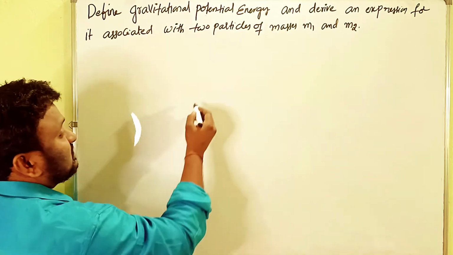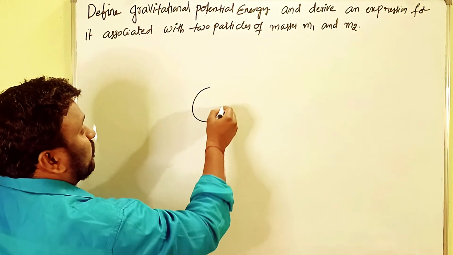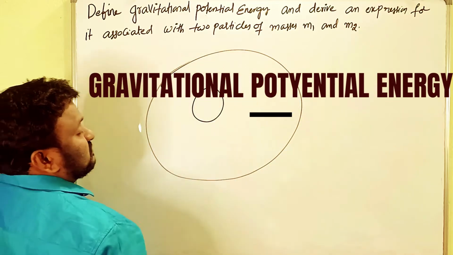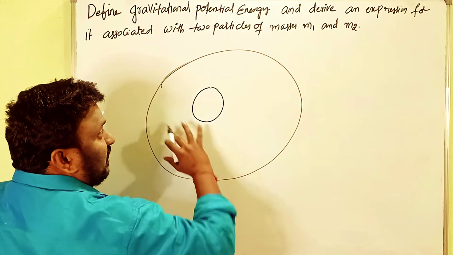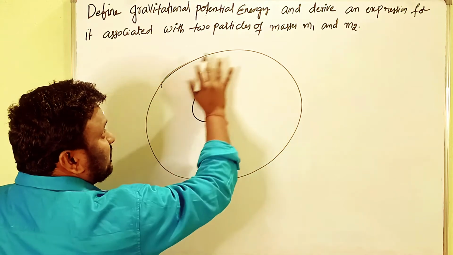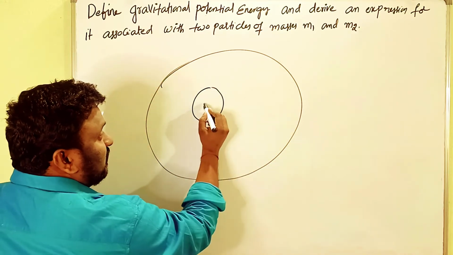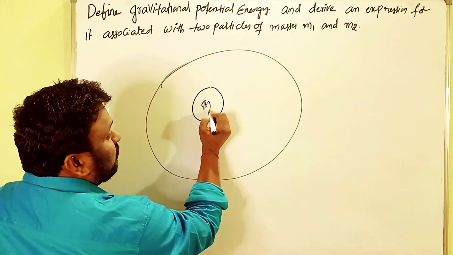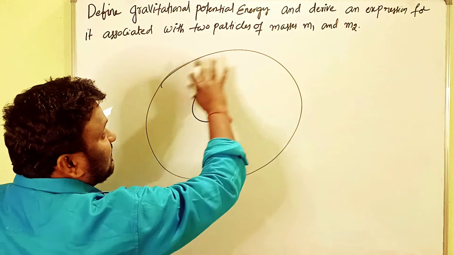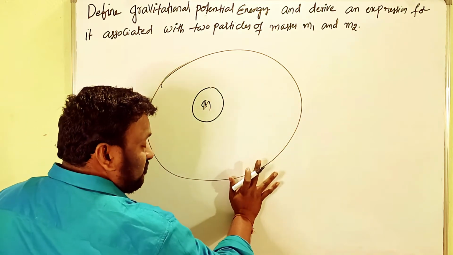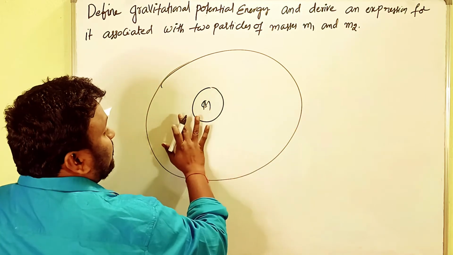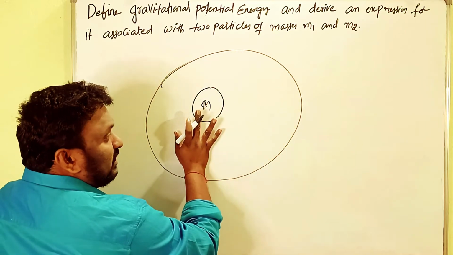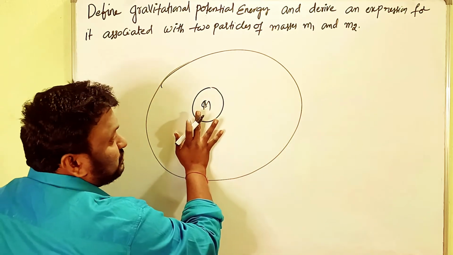For example, this is one object, and this is the space around the object. In that space there is some gravitational force because of this body, so it is called the gravitational field. That means only in that area will it show the force of attraction, or gravitational force.